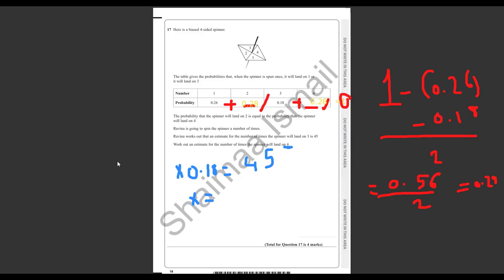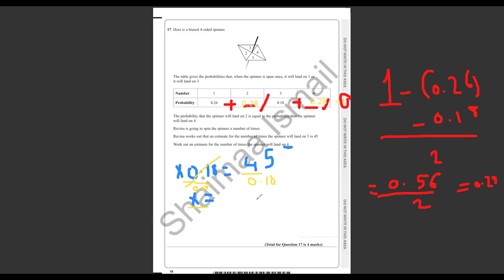Okay, so we divide both sides by 0.18, just to get rid of all the numbers around x to get the value of x.